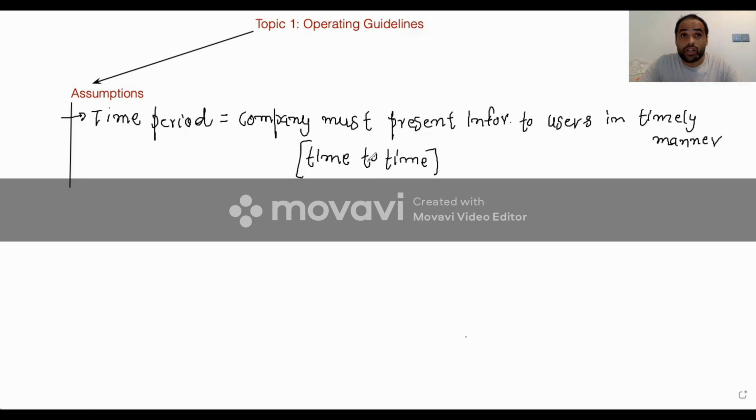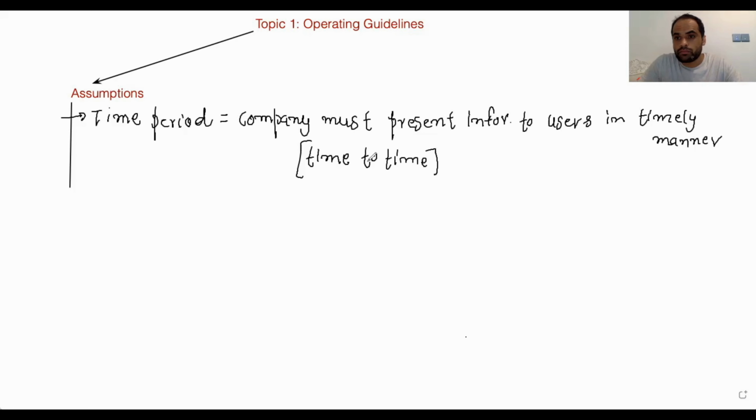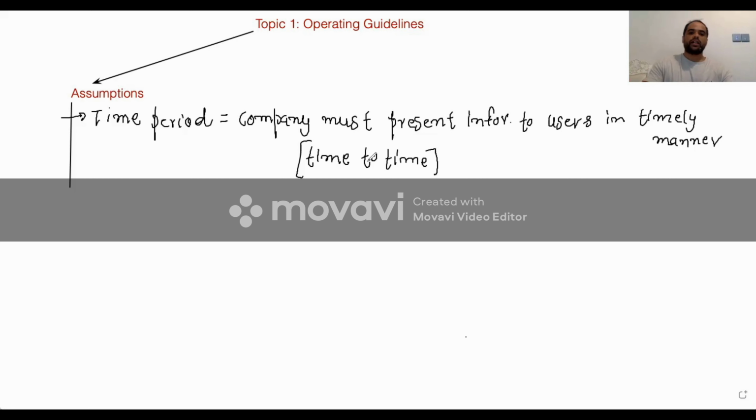But if you get information after the events have occurred, meaning the information is old, that information will be useless. It may seem relevant and reliable, but the thing is that a company must provide information to users from time to time.